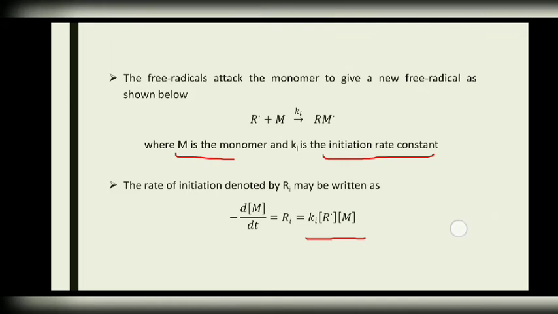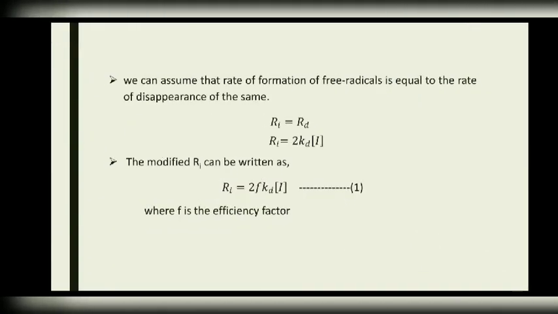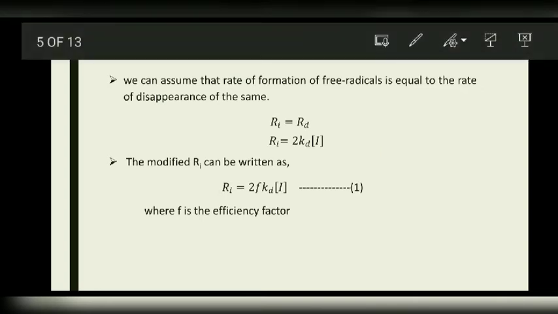Then the free radicals are highly reactive, you know that. They are highly unstable, isn't it? So as soon as they are formed, they react. That is why we can assume that the rate of formation of free radicals is equal to the rate of disappearance.